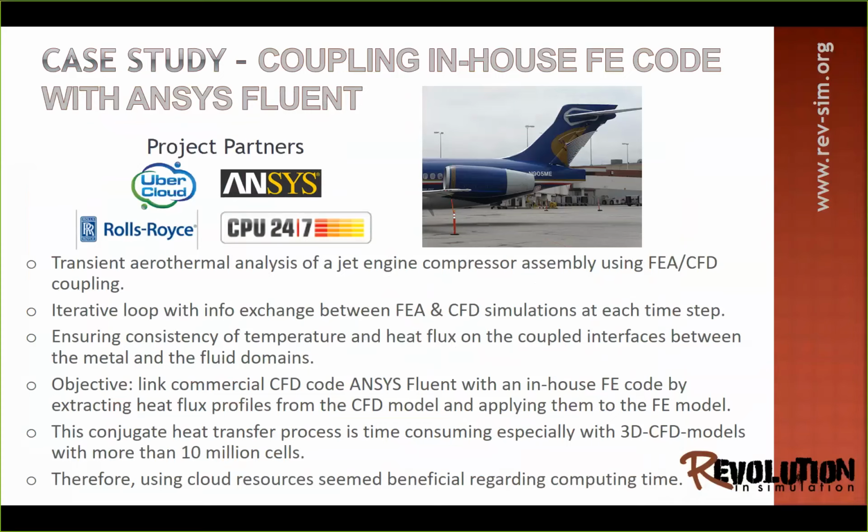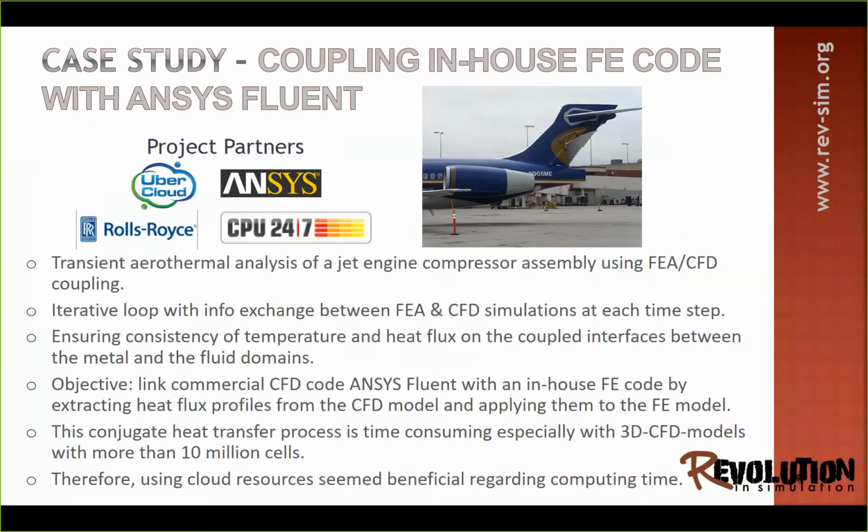And the aim of this experiment was to link the commercial CFD code ANSYS Fluent with an in-house existing homegrown, self-developed finite element code. And this was done by extracting the heat flux profiles from the Fluent CFD model and applying them then to the finite element model.